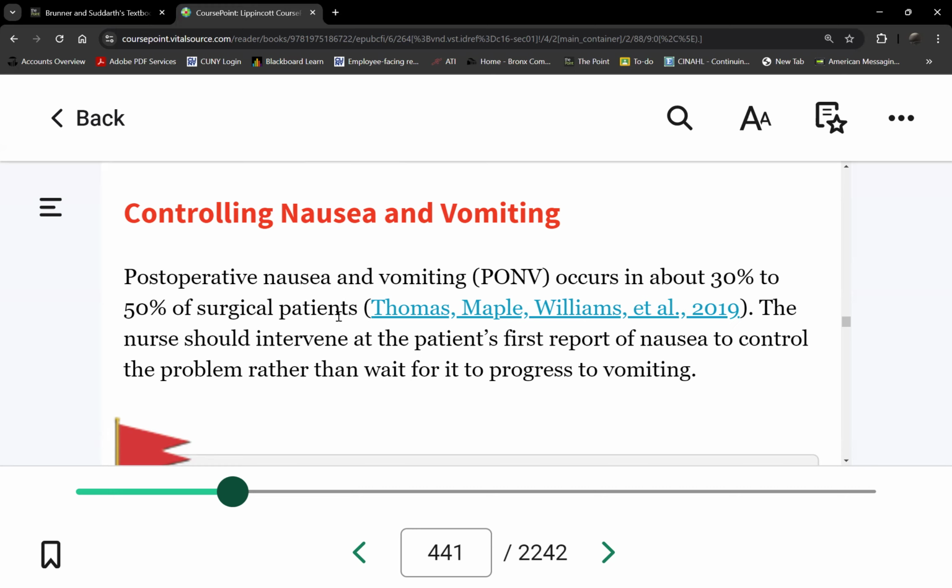Now, this is caused by the medications that we gave. Usually, the anesthetic causes nausea vomiting, and opioids as well. Most of our patients are opioid naive, meaning they're not used to opioids. So one of the complications of opioids are nausea vomiting.